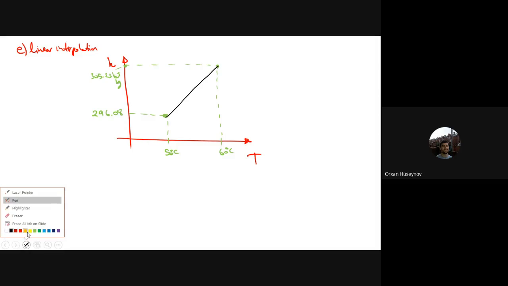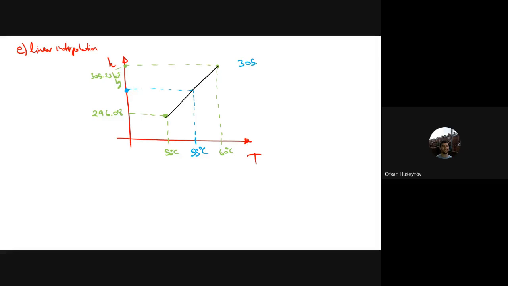Then the point that I'm interested in, the 55 degrees Celsius, should be here, and this point will fall here, so you will just work out with the slope.